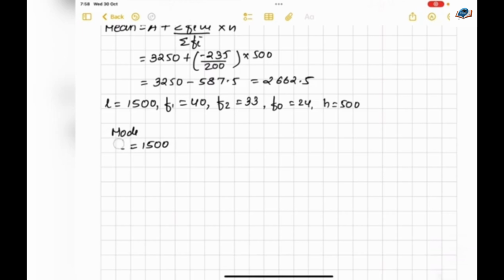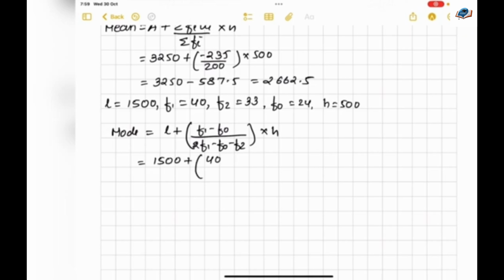So to find mode, I will use the formula mode equal to L plus (F1 minus F0) upon (2 F1 minus F0 minus F2) into H. So I will be using L as 1500 plus F1 is 40 minus F0 is 24 upon 2 into 40 minus 24 minus 33 into 500.